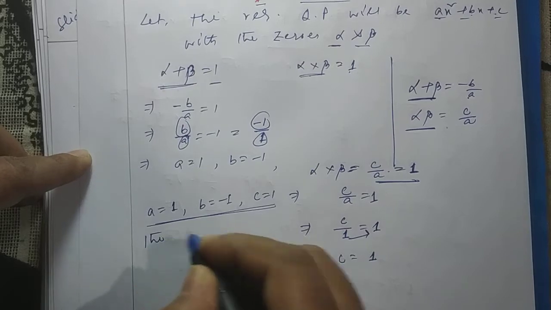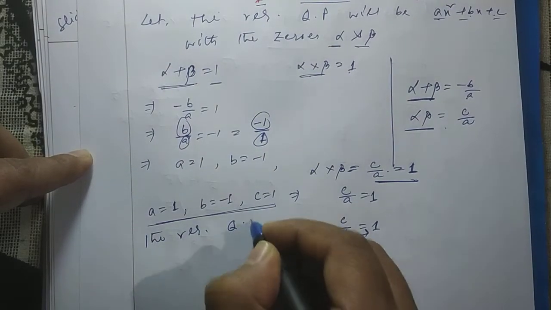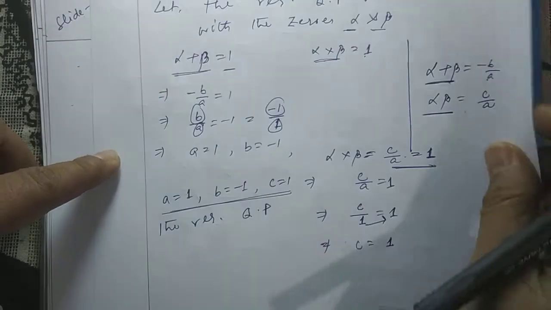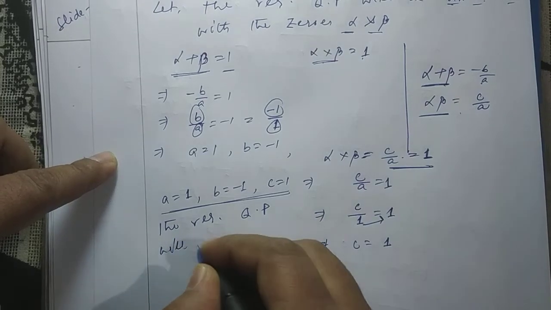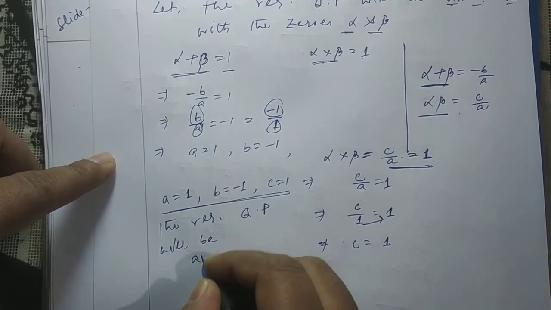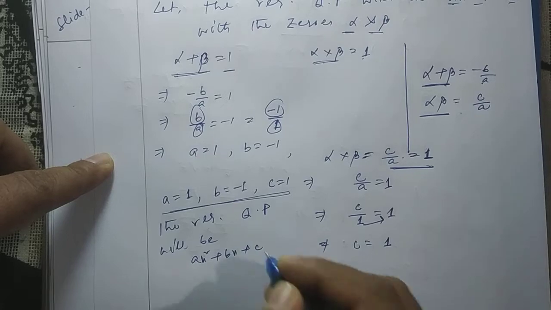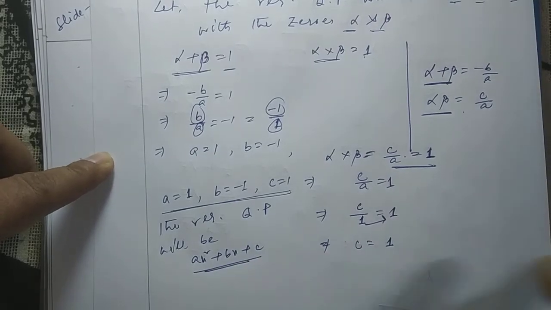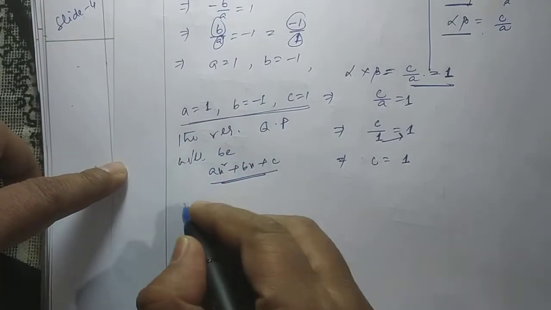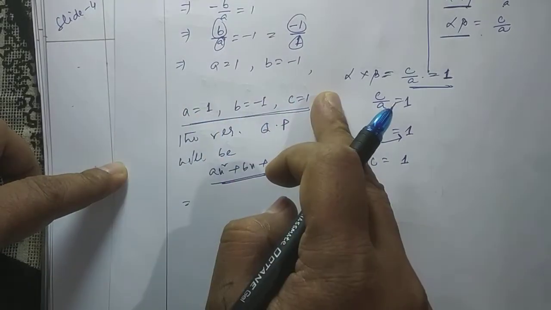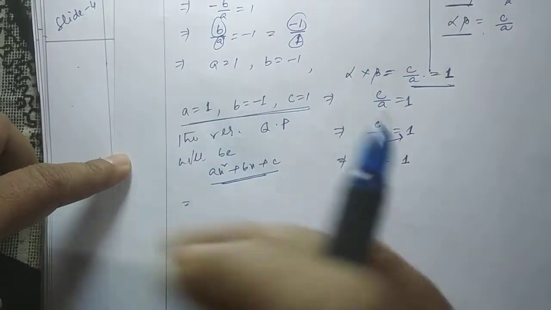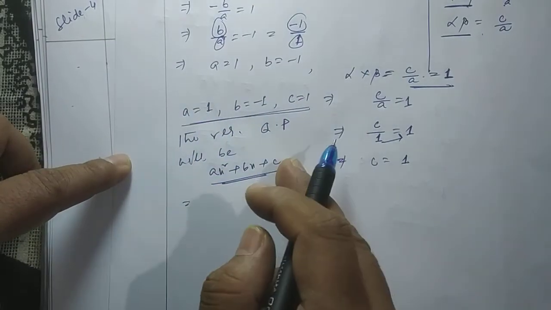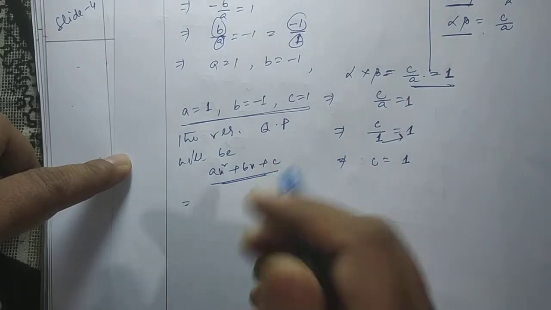So the required quadratic polynomial will be x square plus bx plus c, because we assumed this one. But in the previous step already we have got all the values of a, b, c. Now let us put down all the values one by one.